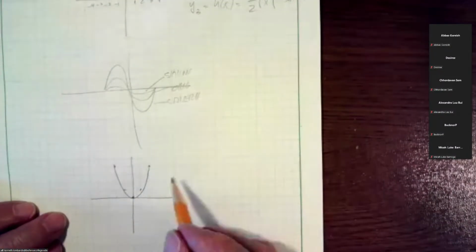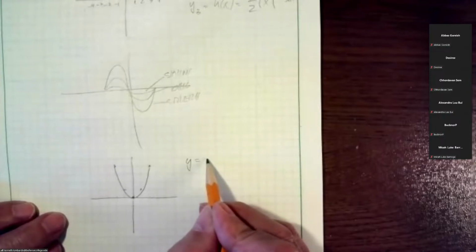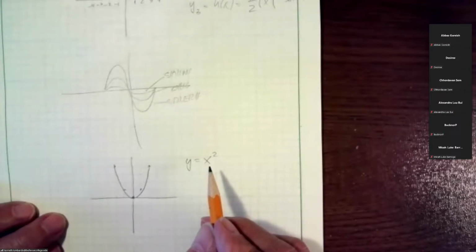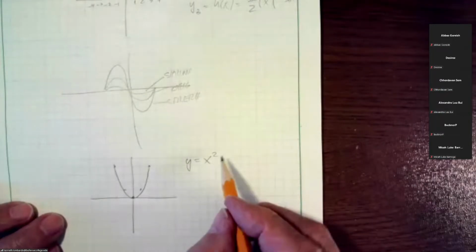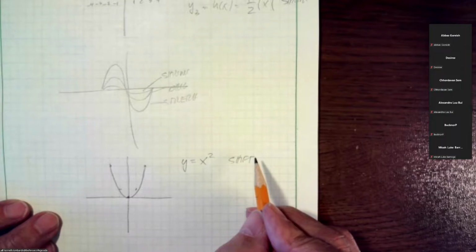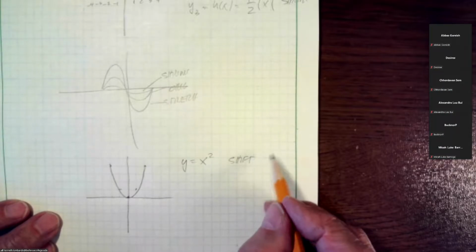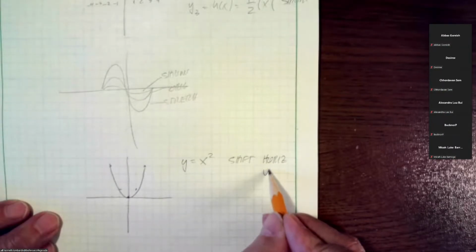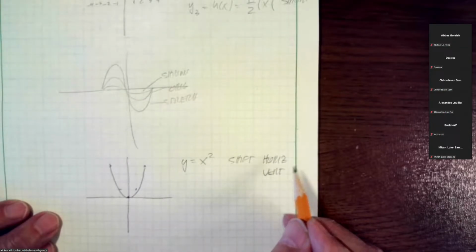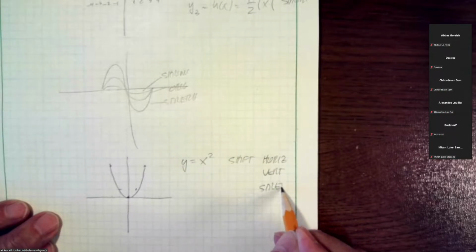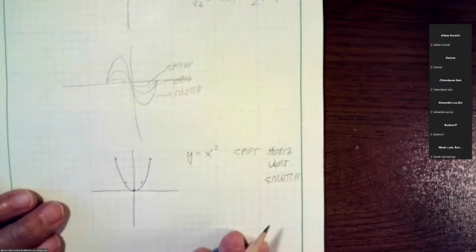And that might be the curve y equals x squared. And we might want to shift that curve. We might want to shift it horizontally. We might want to shift it vertically. We might want to stretch it. Several things we could do to that curve.